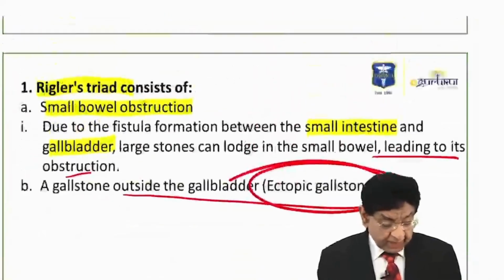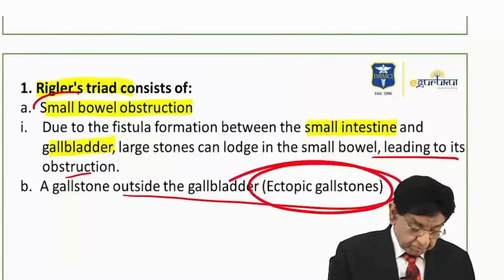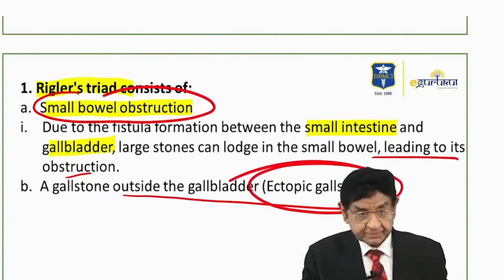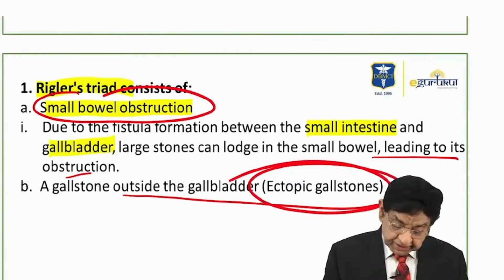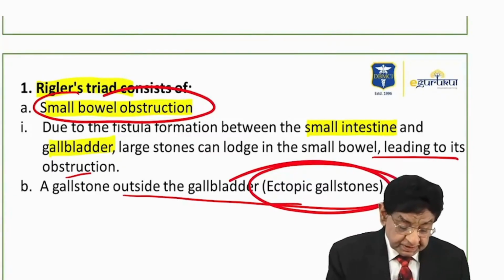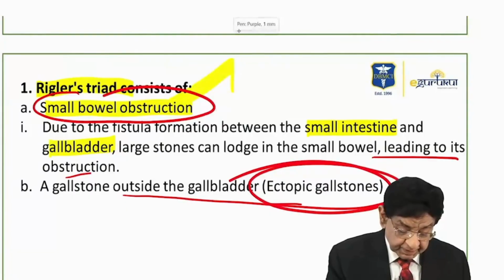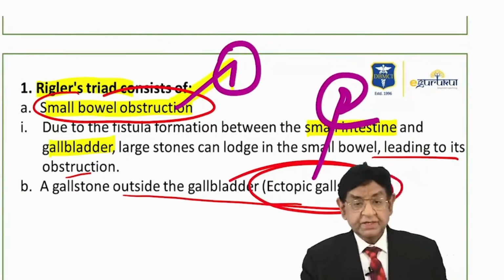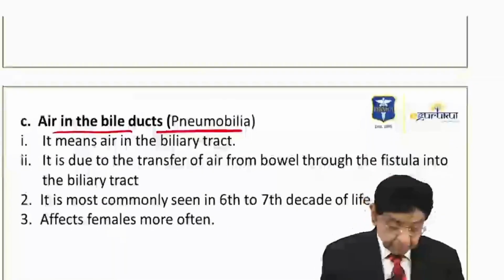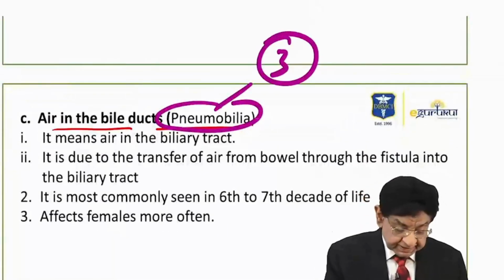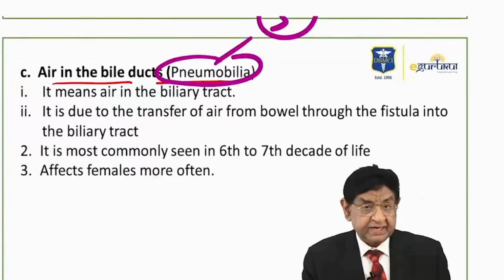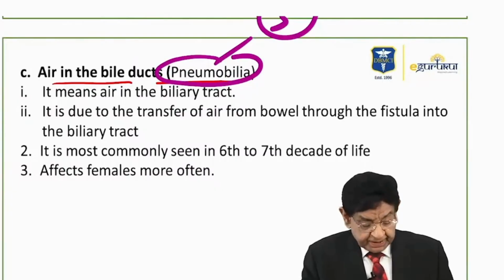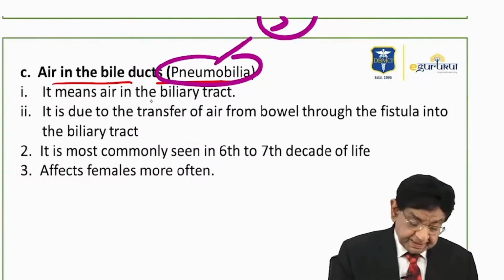So friends, number 1, small bowel obstruction in the triad of Rigler. Second is ectopic gallstone. This is the first keyword. Second keyword, and third keyword is pneumobilia, that is air in the bile duct. Let's learn more about pneumobilia. It means air in the biliary tract.